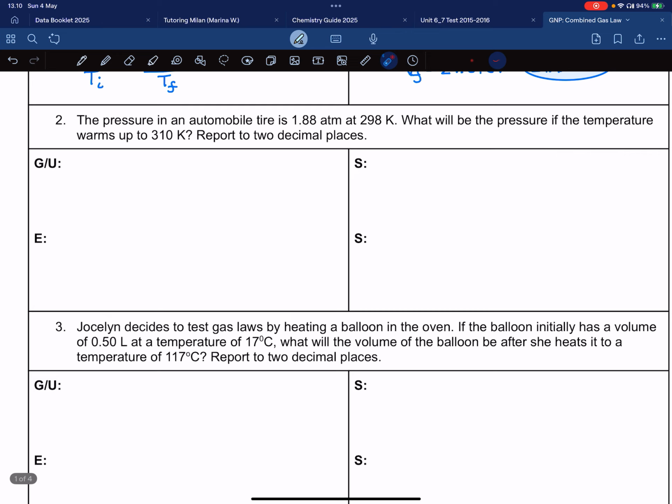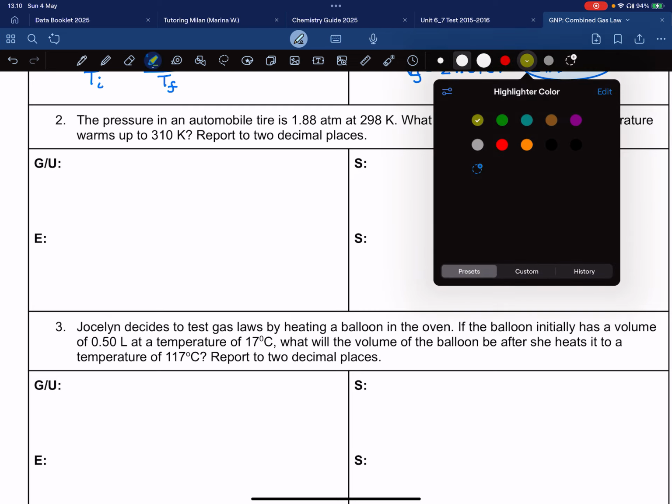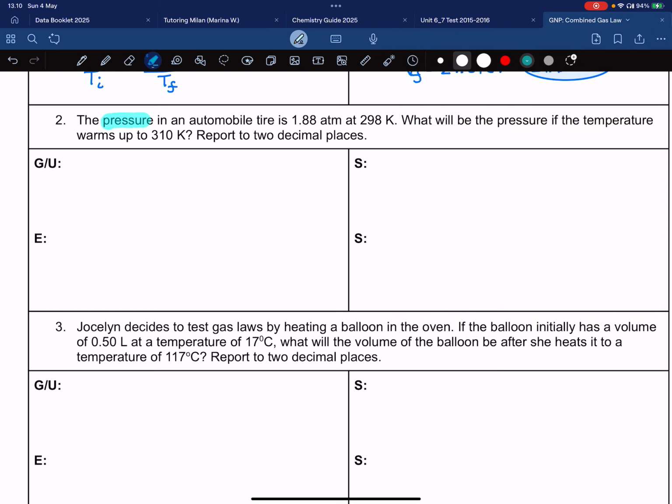Next, the pressure in an automobile tire is 1.88 atmospheres at 298 K. All right, so PI, VI, TI.